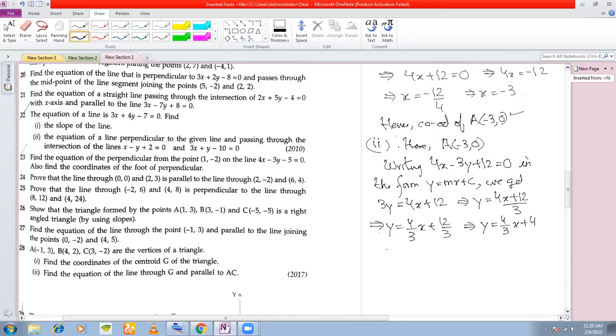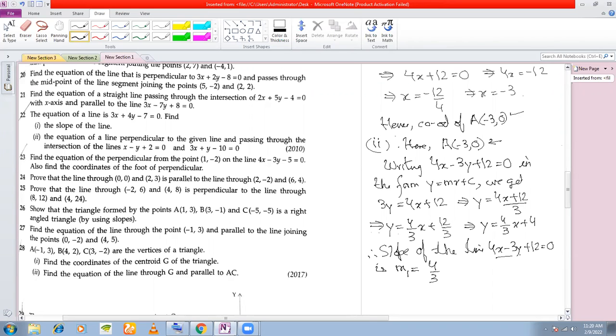So you have got the slope of this line as 4 by 3, right? Slope of the line 4x minus 3y plus 12 is equal to 0 is, let's call this slope m1, 4 by 3.